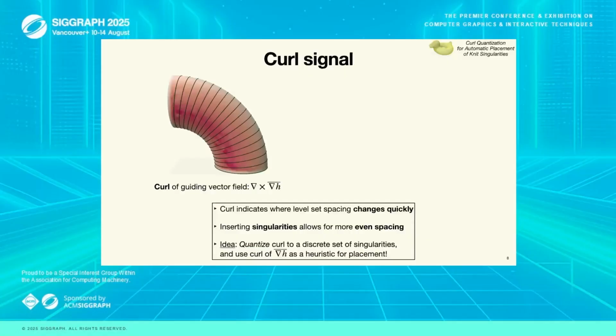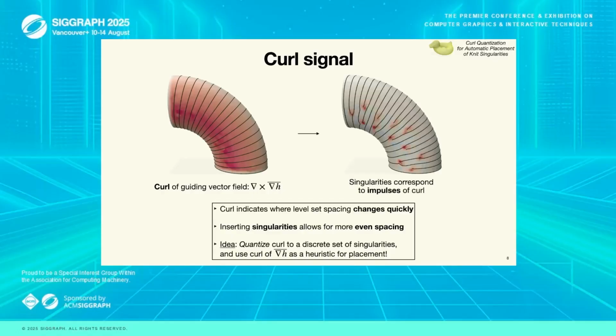The way our method works is by looking at the notion of the curl of a guiding field. Intuitively, the curl will tell us how non-integrable the vector field is. Essentially, it means where the level set spacing will change the most quickly. And we can see that if we introduce singularities in the stripe patterns or in the vector field, it corresponds to impulses of curl.